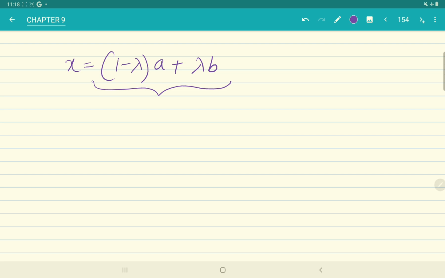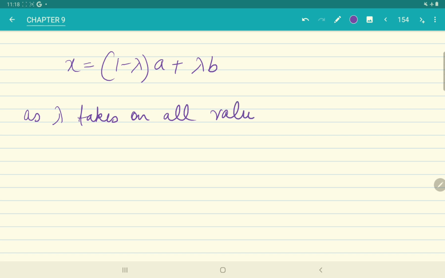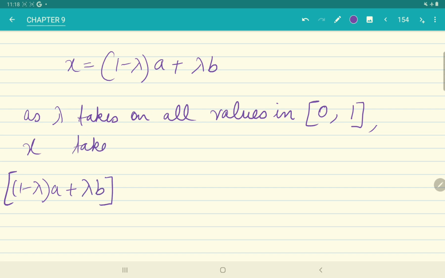So I can say that as lambda takes on all values in this interval, x, which is equal to 1 minus lambda a plus lambda b, takes on all values in this interval.